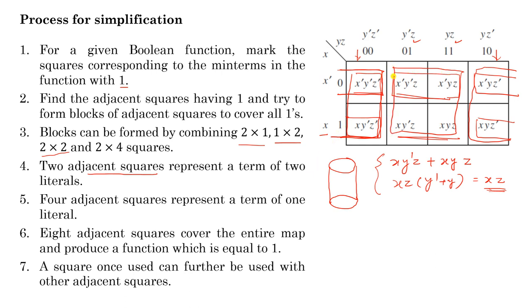In these four terms, you will see that only one variable is same, which is z. So the sum of all these four terms is equivalent to z. Eight adjacent squares cover the entire map. If there are 1s in all these squares, then it is equivalent to 1. A square once used can further be used with other adjacent squares.